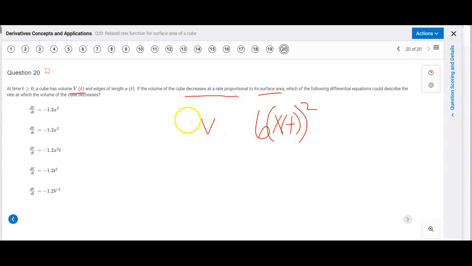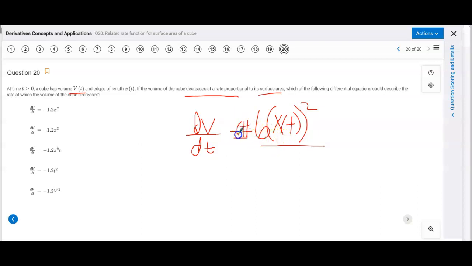Now, if I wanted to find dv dt, the rate of change of my volume with respect to time, they're telling me that it is proportional to the surface area. So it's the surface area multiplied by some number.